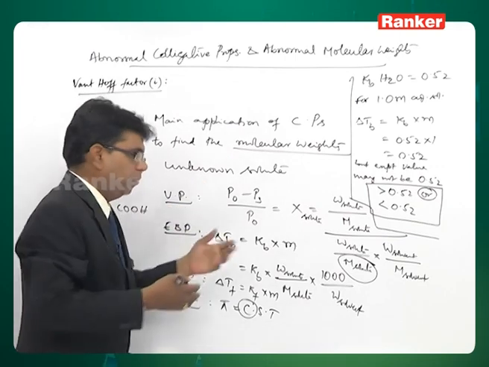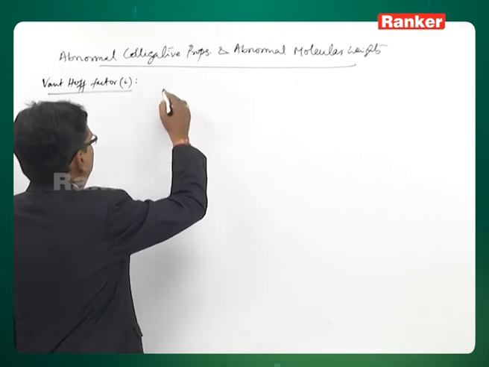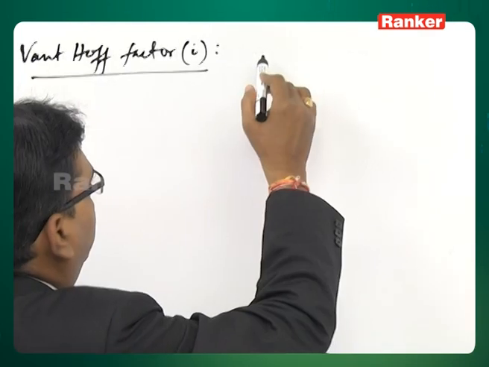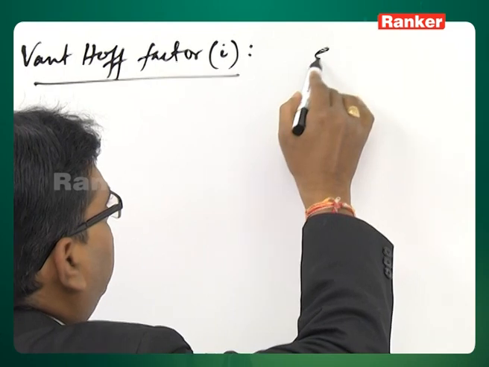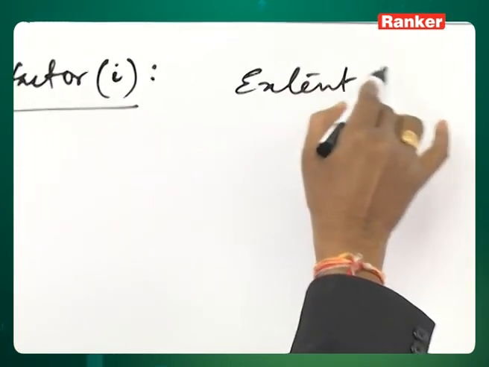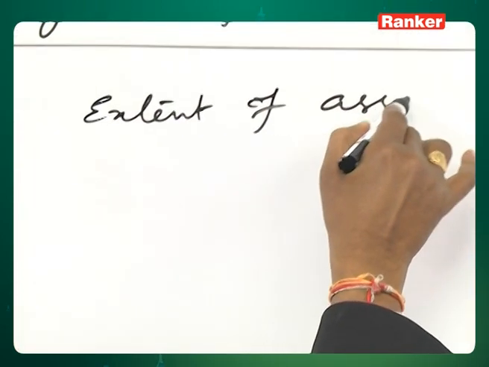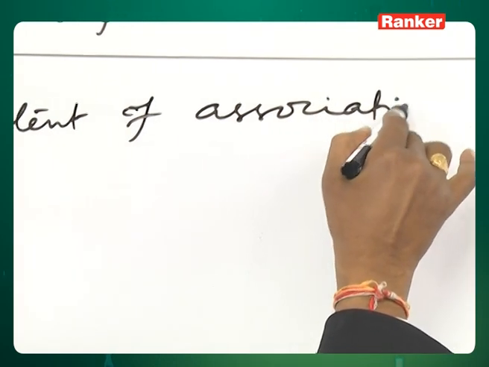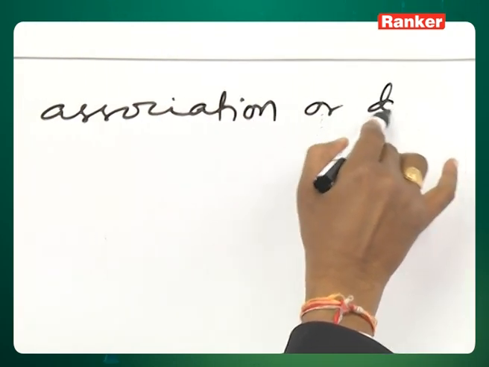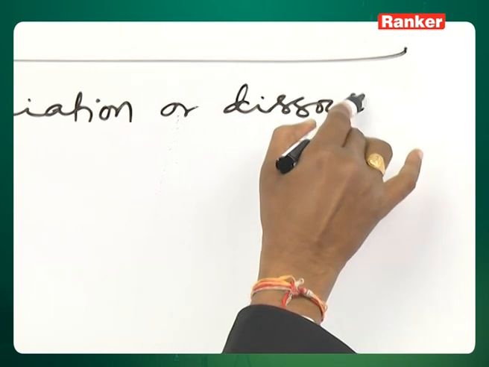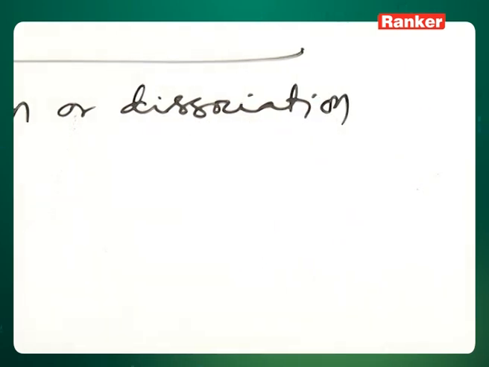Now, we continue. This Van 't Hoff factor relates to the extent of association or dissociation.